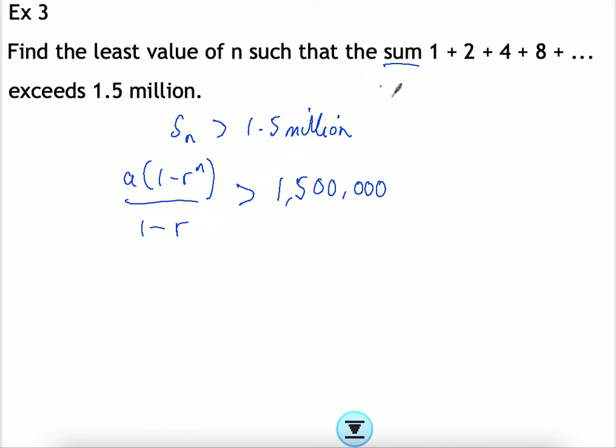Let's just plug in what we know. We know A is 1, we know r is 2, and n is what we're trying to work out. Hopefully we can see it's a very similar type of problem to before. So it's 1 subtract 2 to the power of n, all over 1 subtract 2.